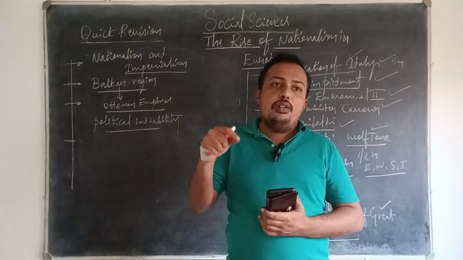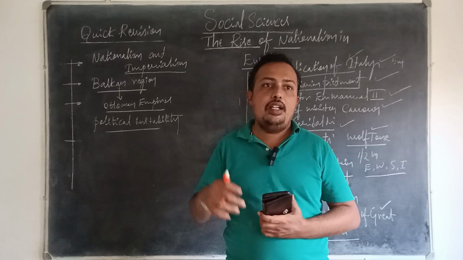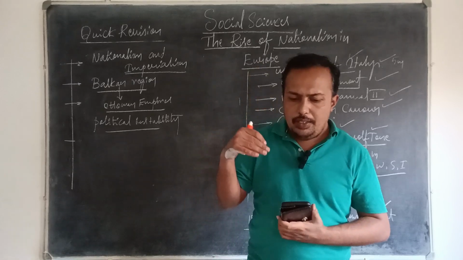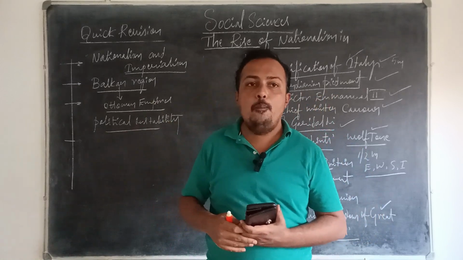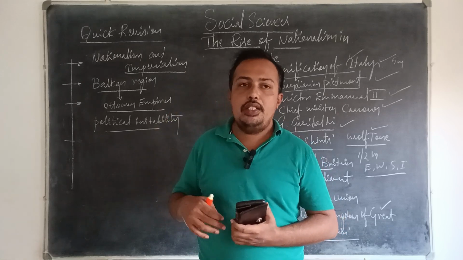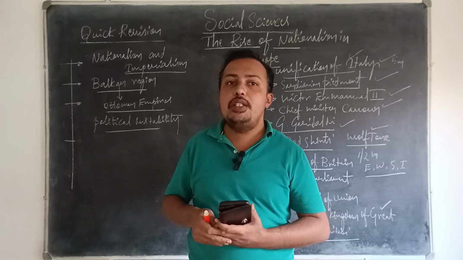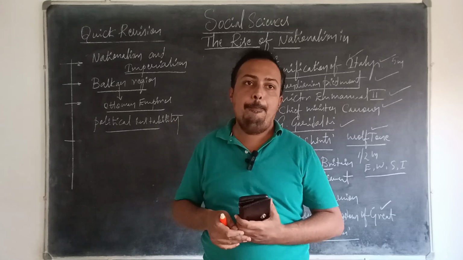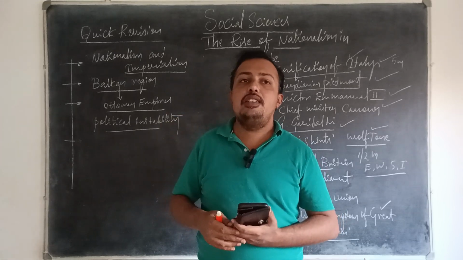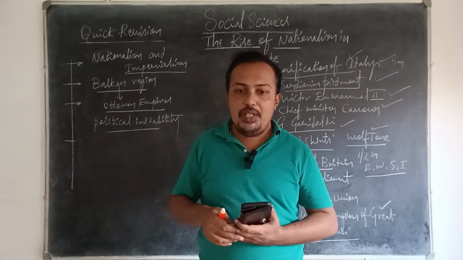Due to this instability, European powers like Russia, Germany, and even the United Kingdom took advantage of the situation, and they fell into a race to establish their imperialistic policy over the Balkan region.